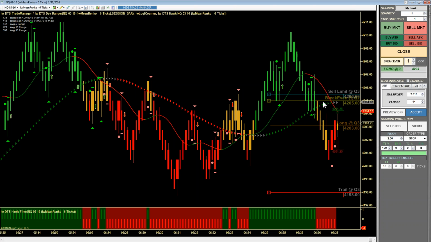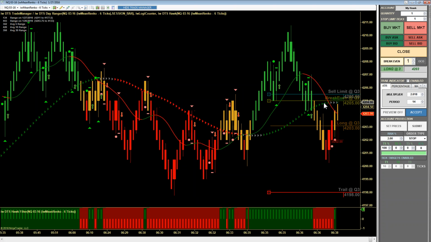I've got a break-even trigger here set at about 80% of my profit objective. Come on, get up there, get to the break-even. I can also force the trade to break even by hitting the break even button, providing it has a positive balance. It won't move to break even if the trade has a negative balance.